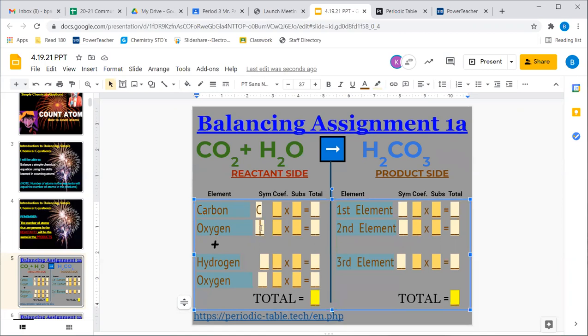Oh, no. Okay, what I'm asking for is what is the symbol for oxygen? O. A little more specific. Capital O. There you go. That's what I needed, the capital O. Very good. Next.